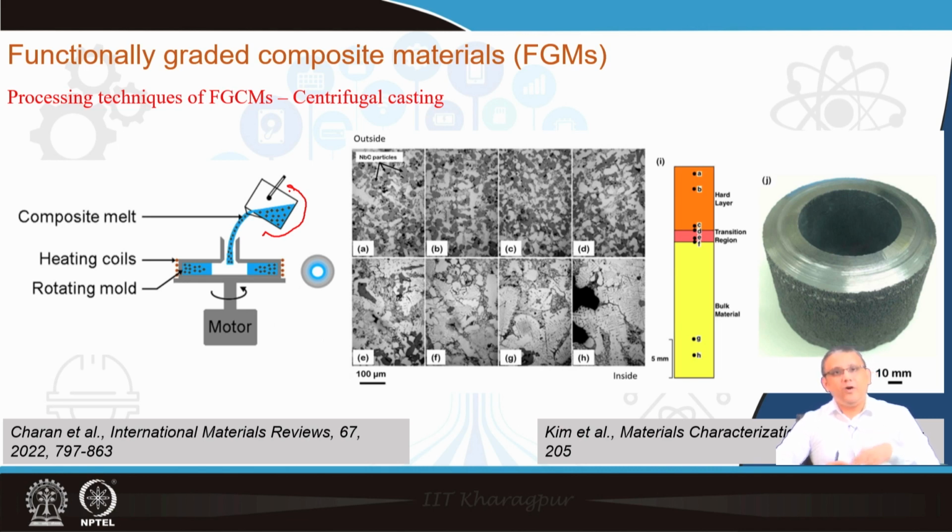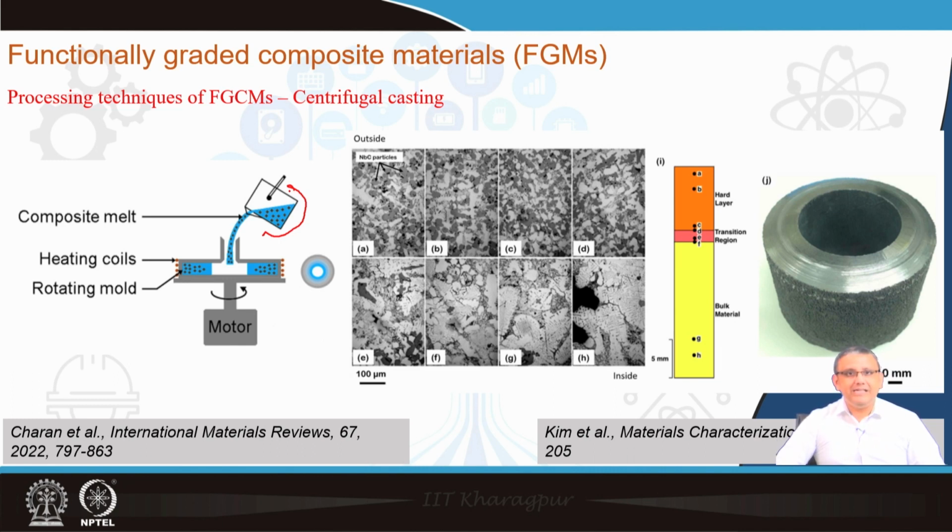In normal casting, after we have made a melt, we pour it into a static mold, and after solidification you get a kind of uniform distribution, although depending upon the size of the container you may have a chill zone or dendritic zone. But as such you do not have a moving mold.